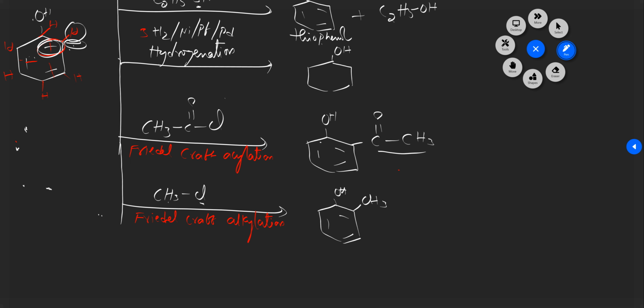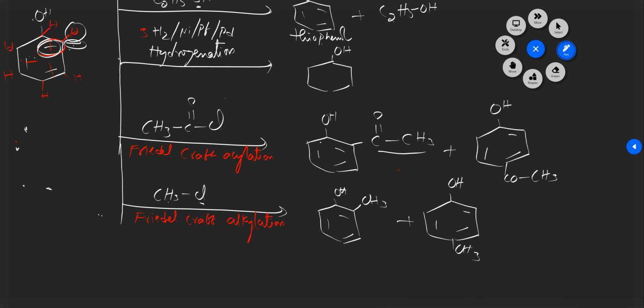It can be possible at ortho and para positions also. But one is major, one is minor. Both will be possible, ortho and para isomers. I am giving only one. So that is Friedel-Crafts alkylation.